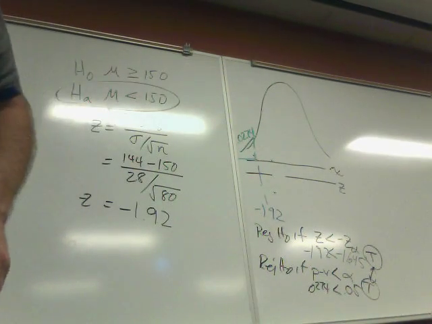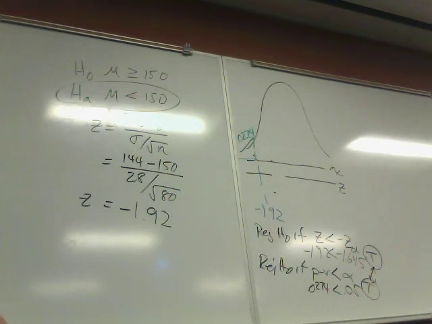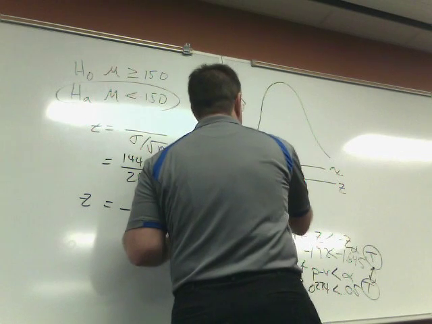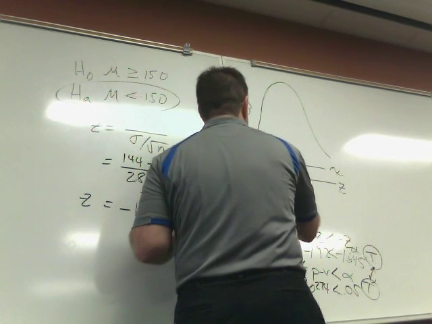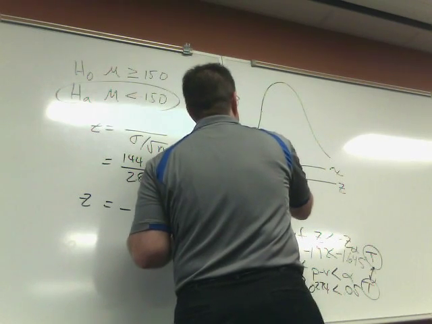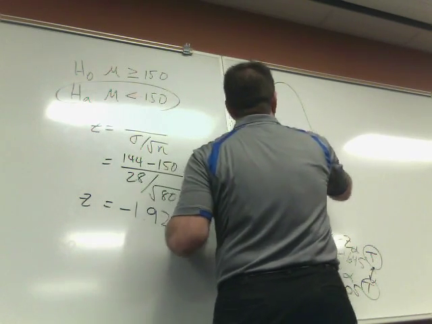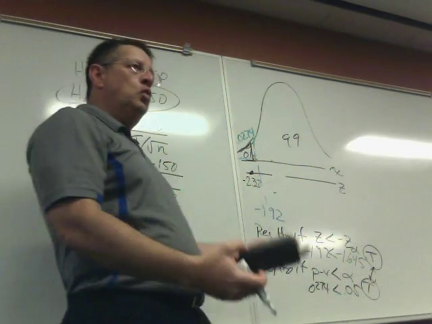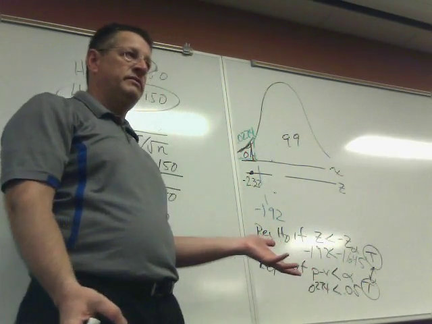What's our critical value going to change to at 0.01? Negative 2.33. And the area that corresponds with that is 0.01, and this is 0.99. What changed is the ruler, not the data.